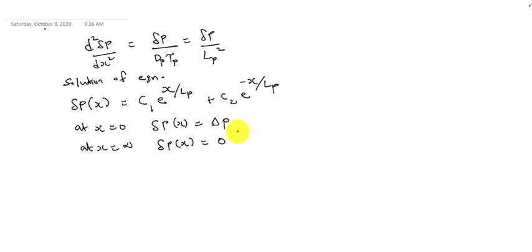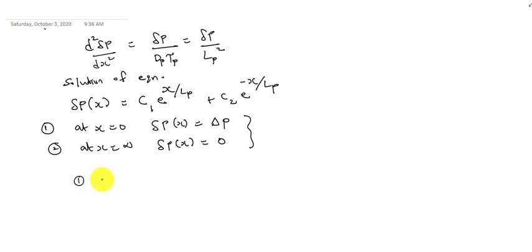These are the two boundary conditions we are applying to obtain the constants C1 and C2 in the above equation. First apply the first boundary condition, and then the second boundary condition.